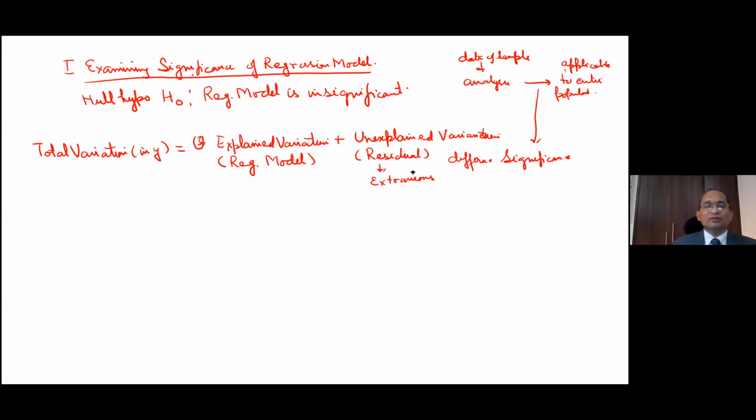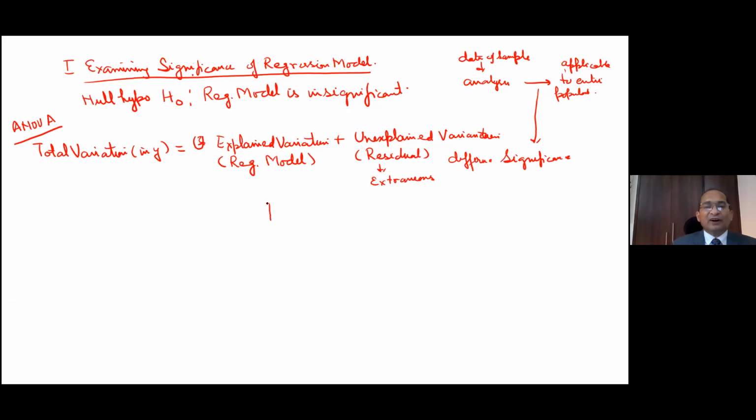So any variation in Y can be bifurcated into explained variation and unexplained variation. Since we are analyzing variation, this concept is known as ANOVA, analysis of variance, right?